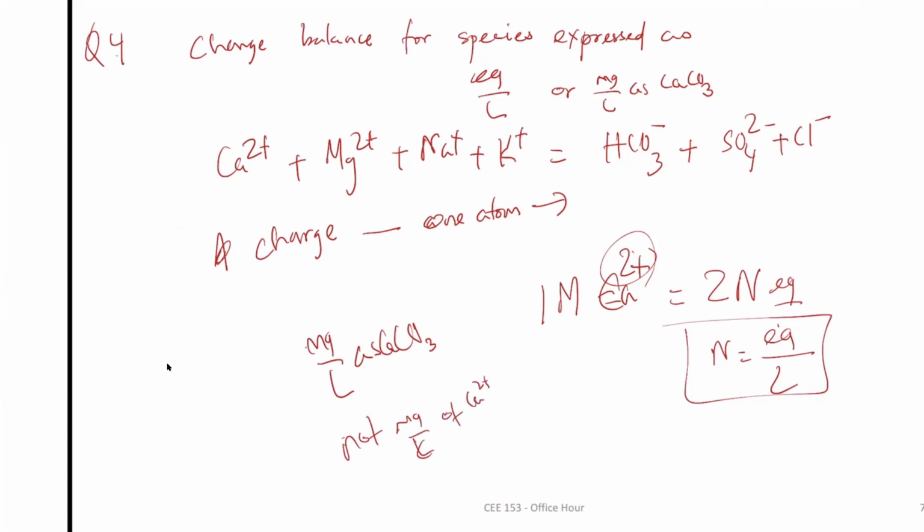So you can't use that concentration. You have to first convert them to calcium carbonate before you do the charge balance. So if we use milligrams per liter as calcium carbonate, we do not have to multiply by the charge.